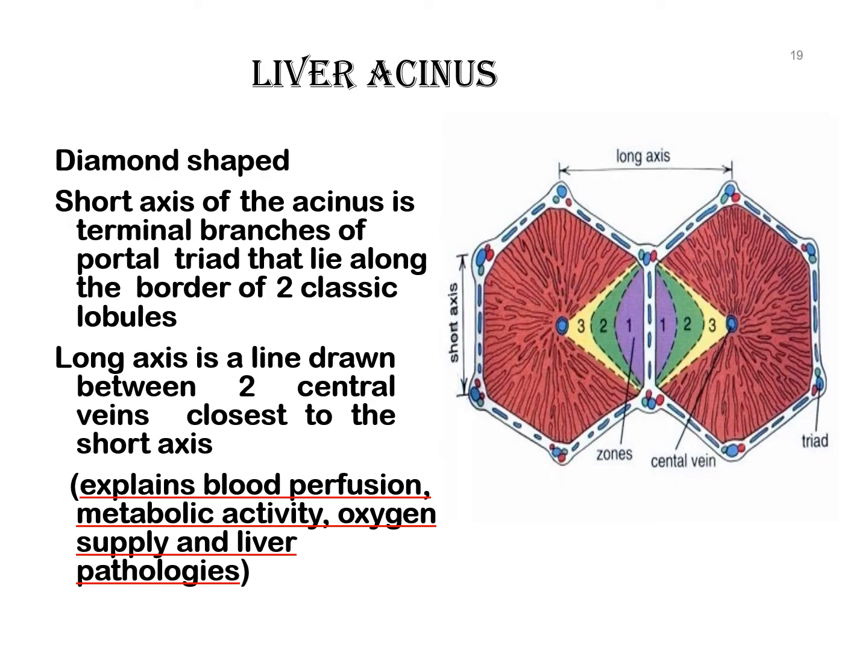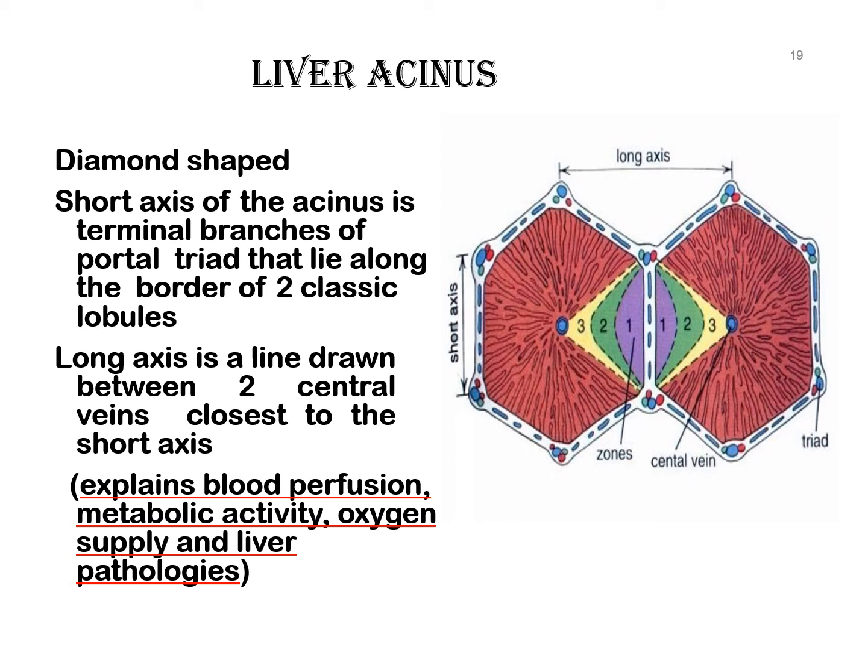The third type of liver lobule is called the liver acinus. The liver acinus is diamond-shaped in structure. It is provided with two axes, a short axis and a long axis. The short axis of the acinus is the terminal branches of the portal triad that lie along the shared border of two classic lobules.